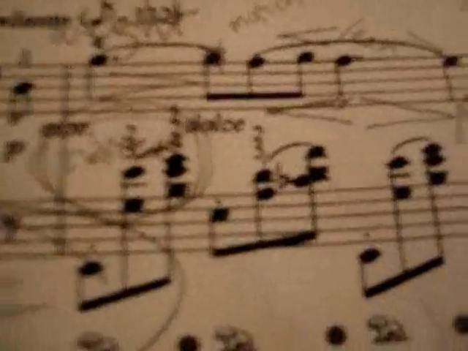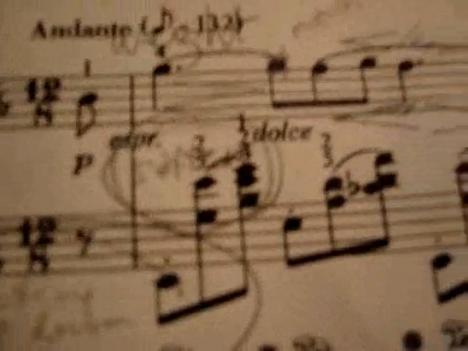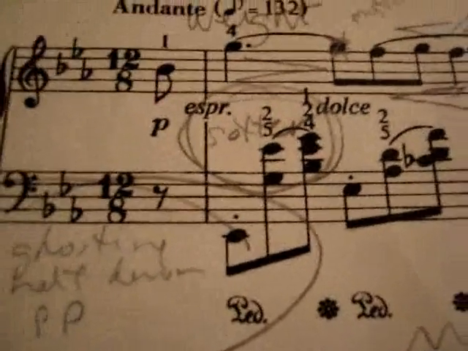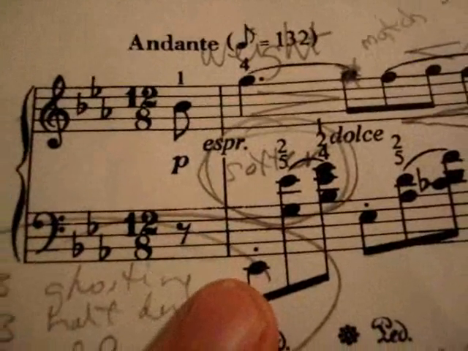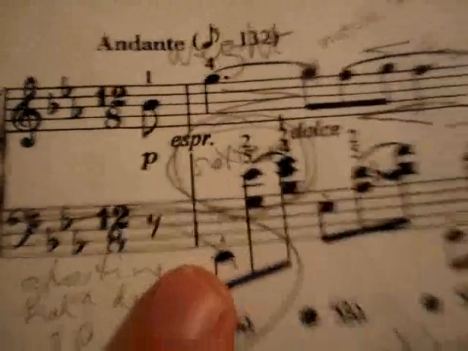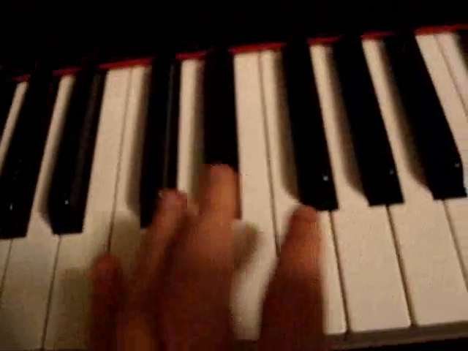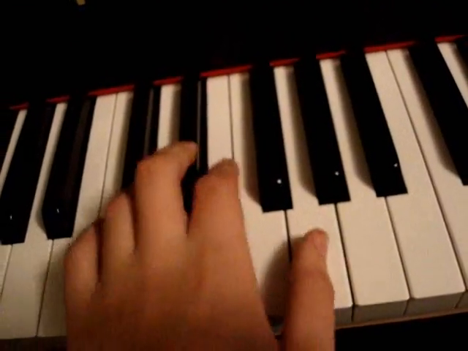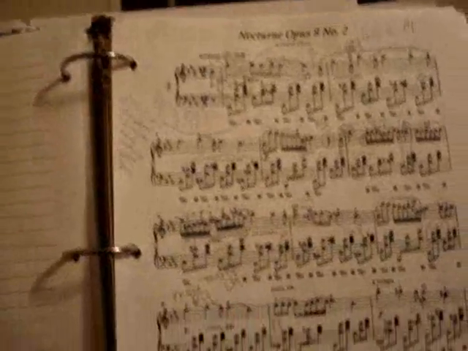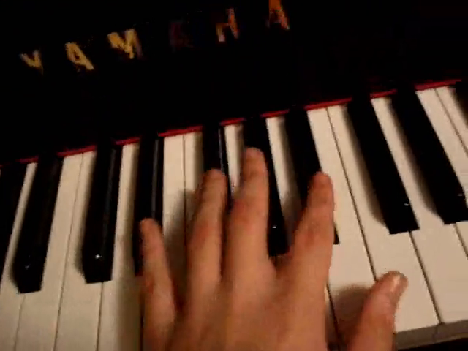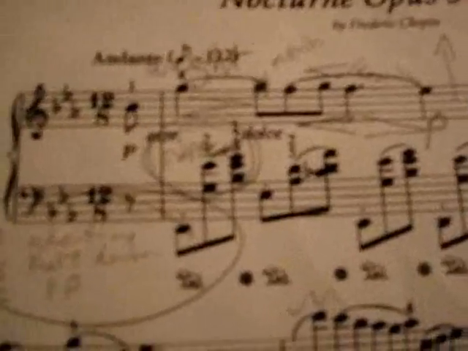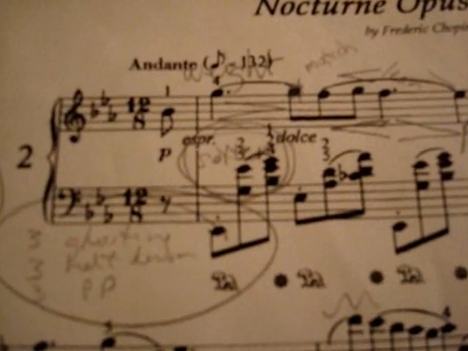Okay, let's keep looking. A way to tell if it's in the minor key is, say you're not sure if it's E flat major or C minor. You look through the music, and if you see that the dominant is raised from the major key, that means it is probably going to be in a minor key.